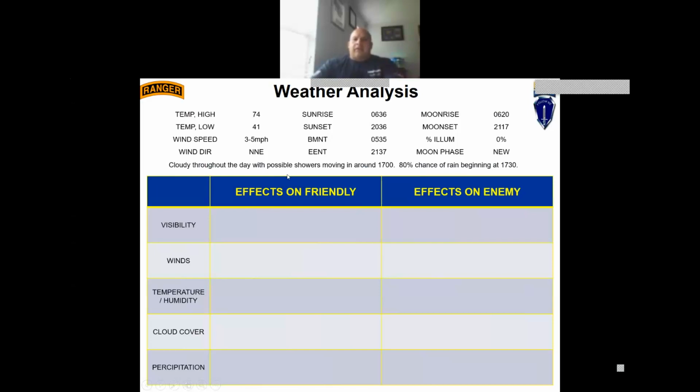Okay, effects on friendly. When our night vision devices are affected, how can I take advantage of the limited illumination? Because we're looking at our illumination, right? Where's our illumination at? We're at 0%. So how good are our night vision going to work with zero illumination?